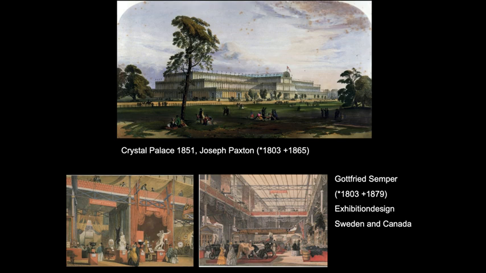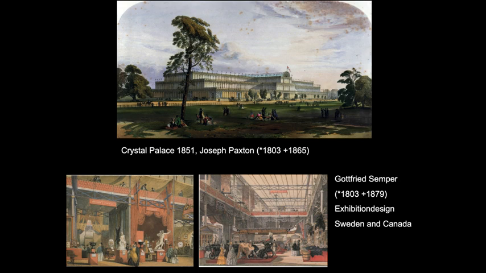This slide we saw already when we talked about Gottfried Semper and his theories on architecture, but the building where the World Exhibition took place and where he contributed some designs for some special exhibitions is also very interesting, and very important for the theme we're talking about today. Iron was a very new material in the middle of the 19th century, and it was not used in buildings before, except for greenhouses.